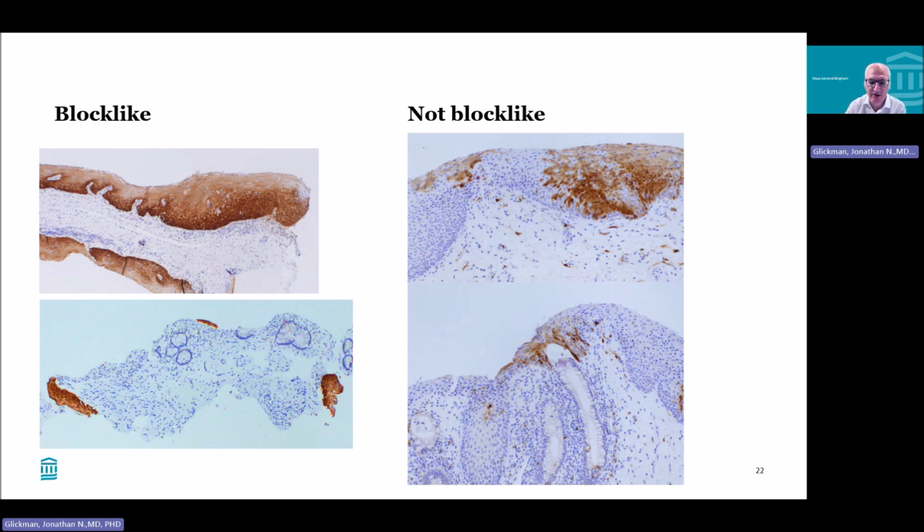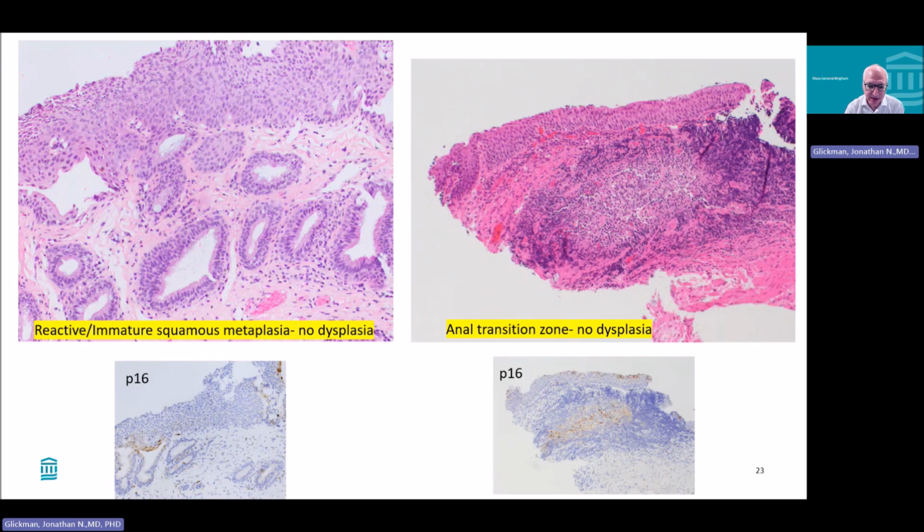It's really unbroken, although like in the lower panel, these can be very small foci, but nevertheless, when it does show these characteristics, we can call that block-like. By contrast, the ones on the right are not block-like because they're more patchy, isolated cells, and also not involving the basal layer. So that would be negative for block-like staining.